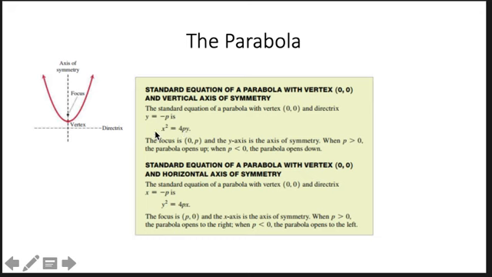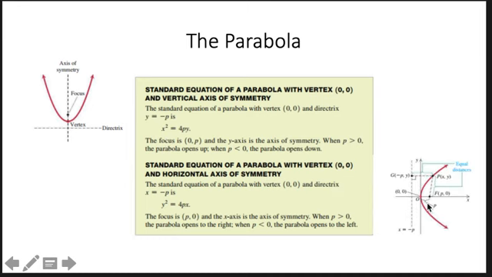And p is the distance from the vertex to the focus and from the vertex to the directrix. P is positive when the parabola is facing up. P is negative when the parabola is facing down.